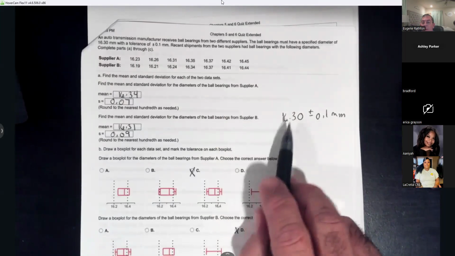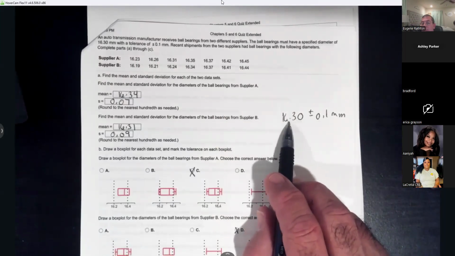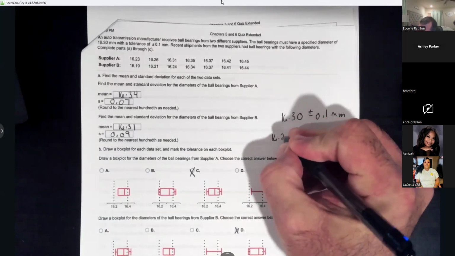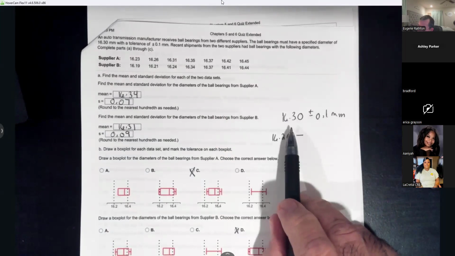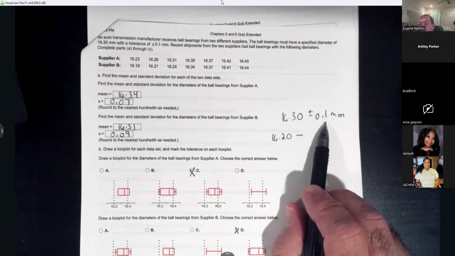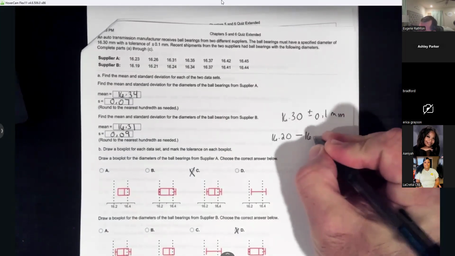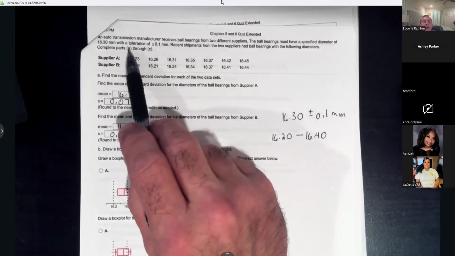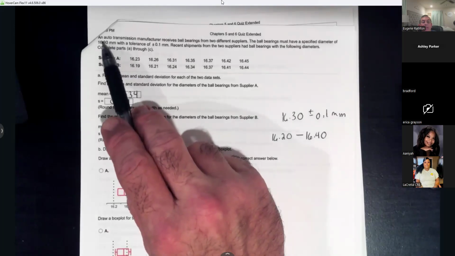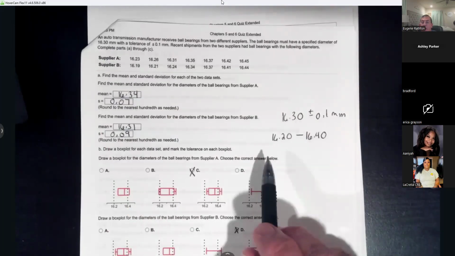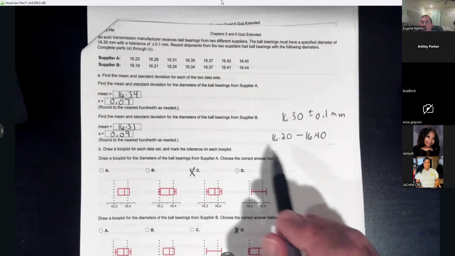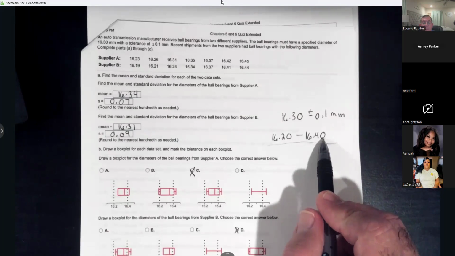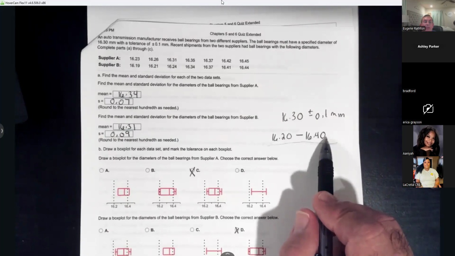So they got to be between 16.30 minus 0.1, which will be 16.2, and then 16.3 plus 0.1 would give us a 16.40. So I just added the tolerance they gave me and subtracted it from the 16.30 to get the range. So if it's in between 16.20 and 16.4, it passes inspection.